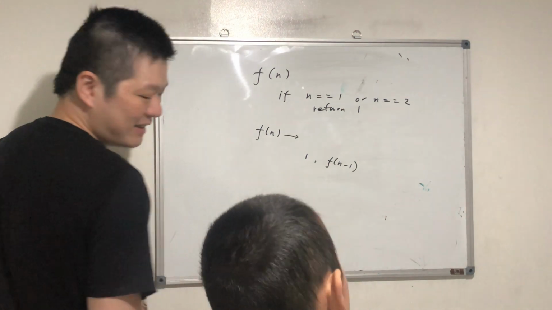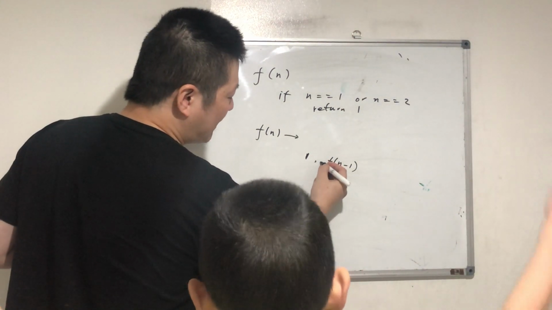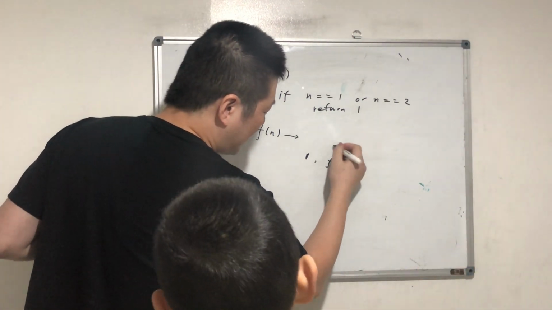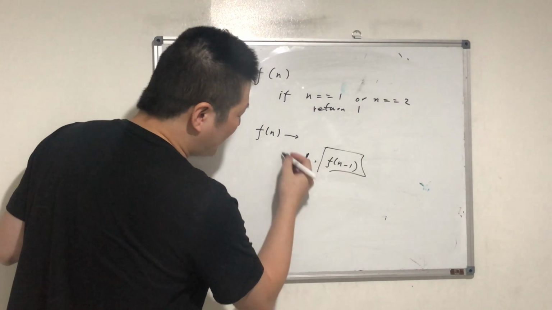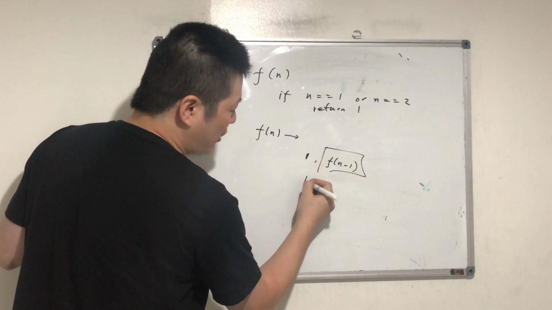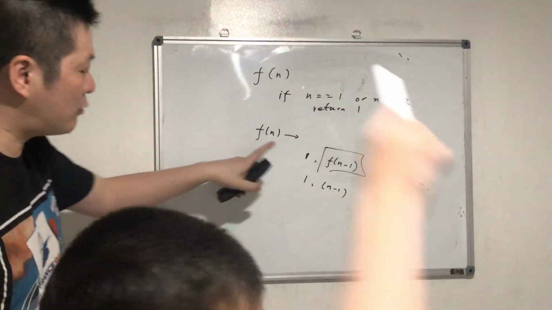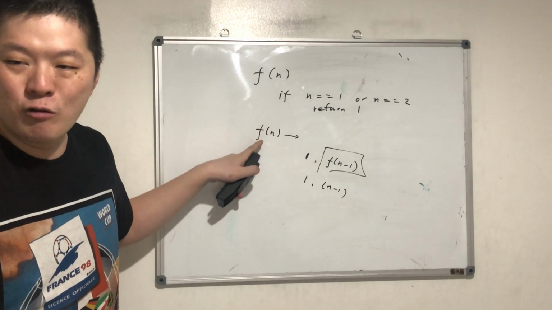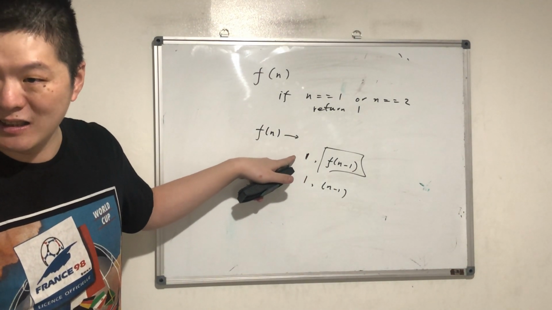If I don't want to split further, I can just use 1 and n minus 1, right? But this first part can be anywhere from 1 to n minus 1, right?